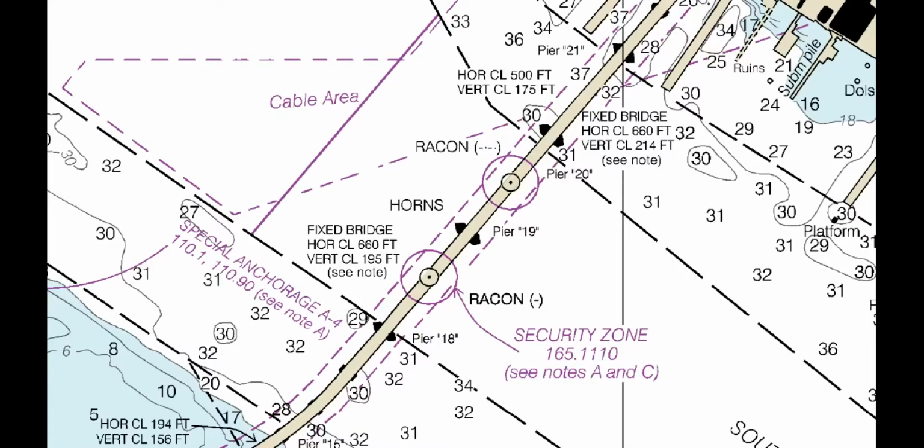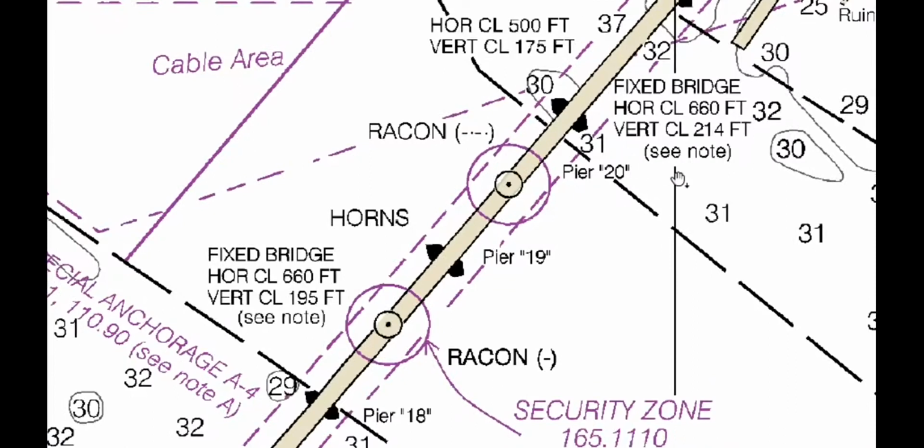Here is the Coronado Bridge, and there is a lot of information being given to me to help safely make my way under this bridge. Beginning to determine if I can safely fit under this bridge, I see multiple areas talking to me about the horizontal and vertical clearance.